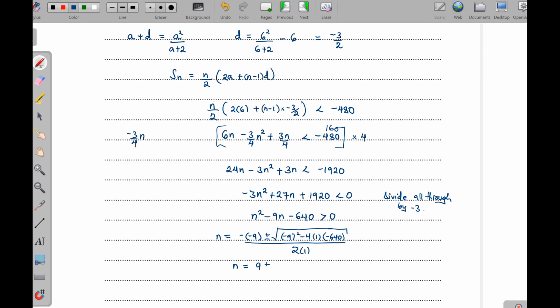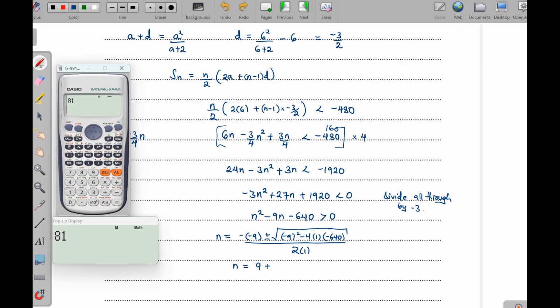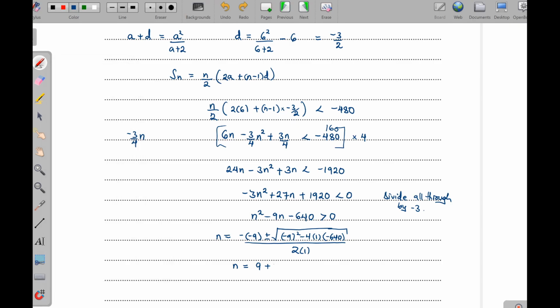I want to deal with exact values, so what do we get inside here? 81 minus 4 into negative 640, that is 2641.